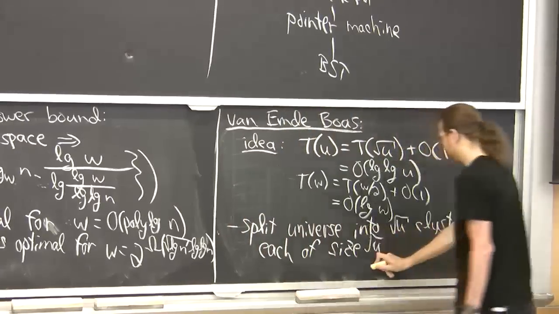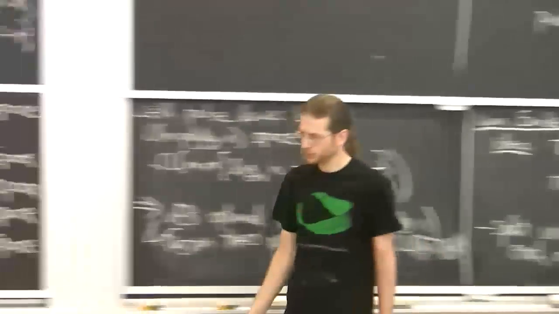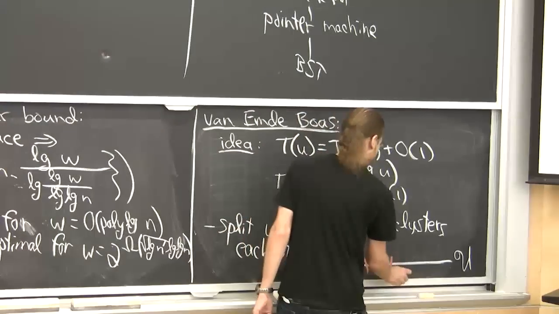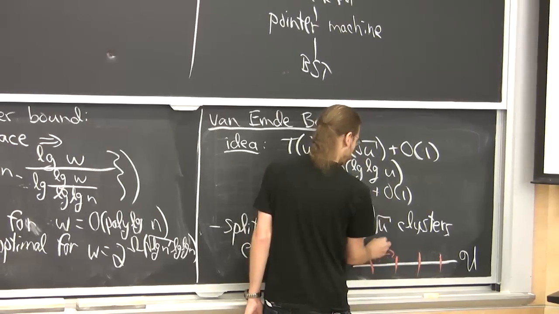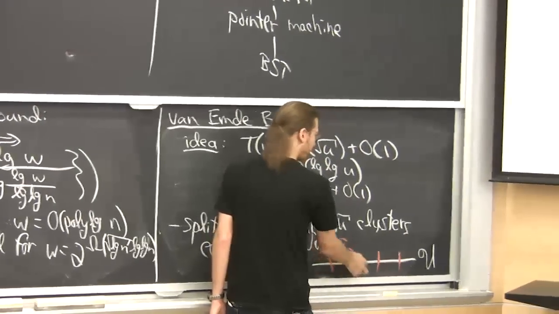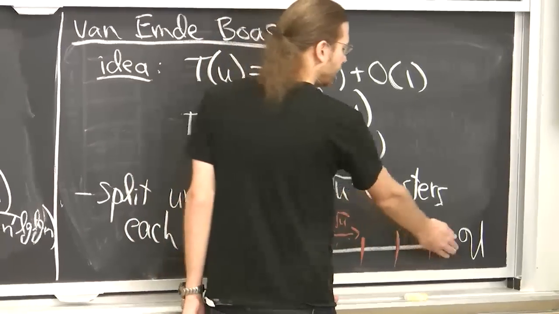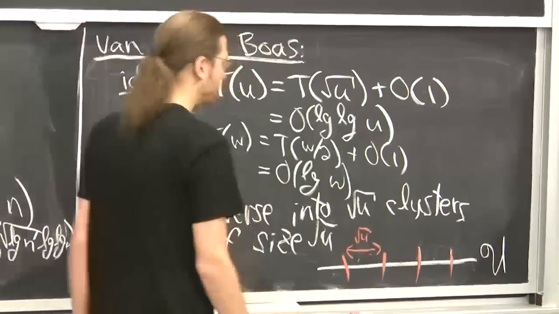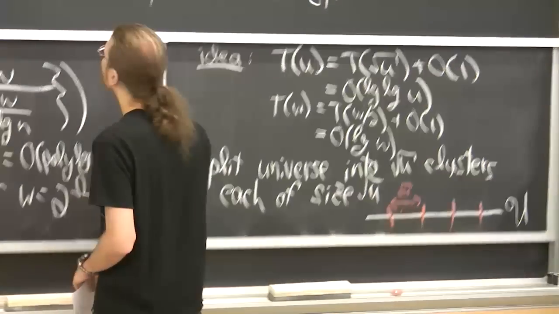Okay, so if here's our universe, then I just split every square root of u items. So each of these is root u long. The number of them is square root of u. And then somehow I want to recurse on each of these clusters. And I only get to recurse in one of them. So pretty simple idea.